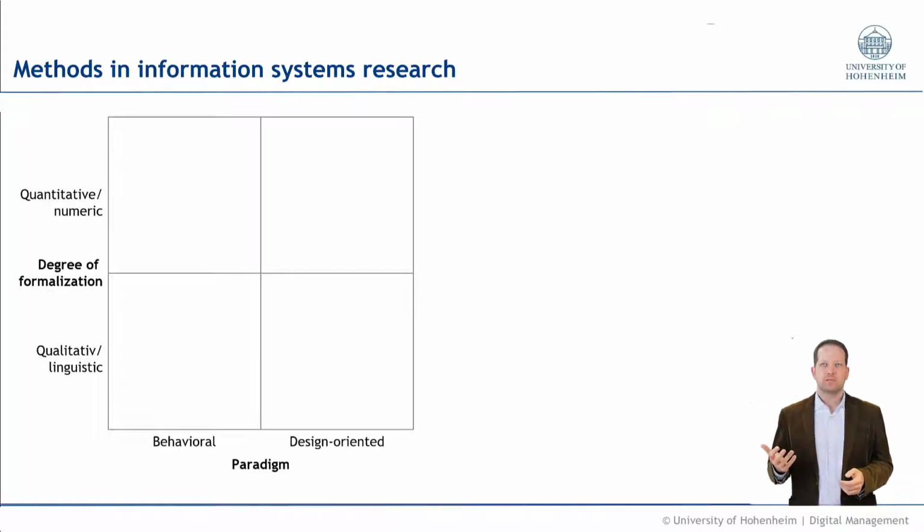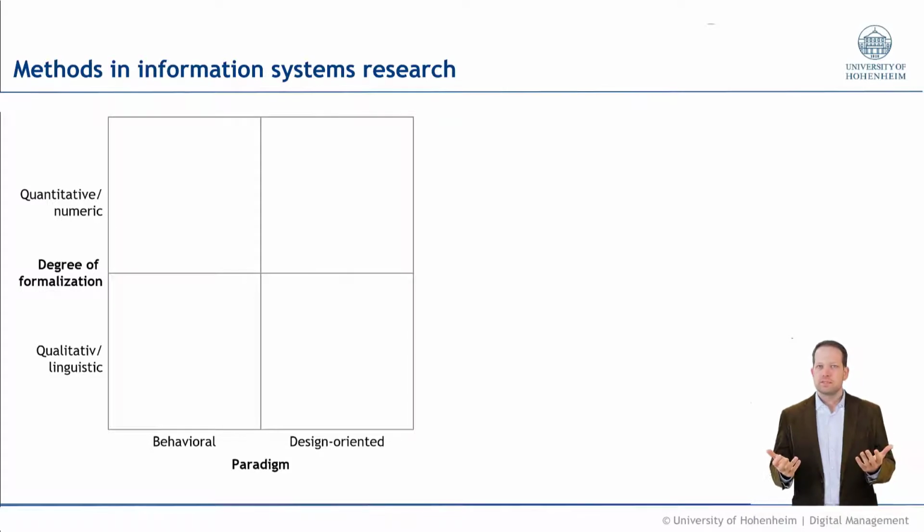The design-oriented part, on the other hand, has its roots in engineering. It seeks to create innovation. It develops artifacts that support the design, implementation, management, and use of information systems. So in a very stylized manner, you could say that the behavioral side tries to understand the world as it is, and the design-oriented side tries to change the world by improving artifacts, by introducing new artifacts.